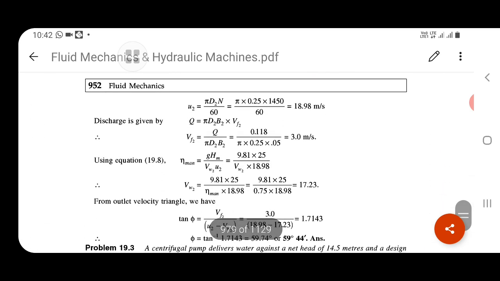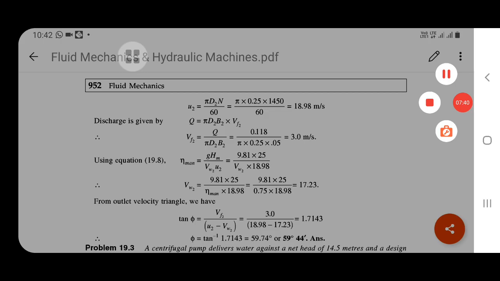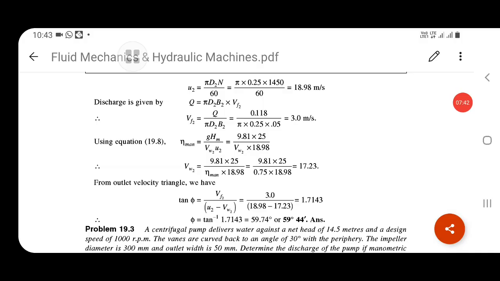So U2 is calculated by pi D2 N upon 60, which is 18.98. Similarly, discharge Q is pi D2 B2 Vf2. Q is given, so Vf2 is Q upon pi D2 B2, that is 3.0 meter per second.